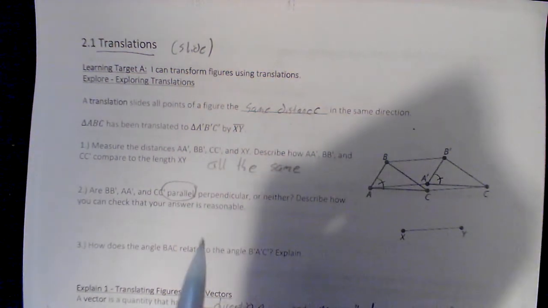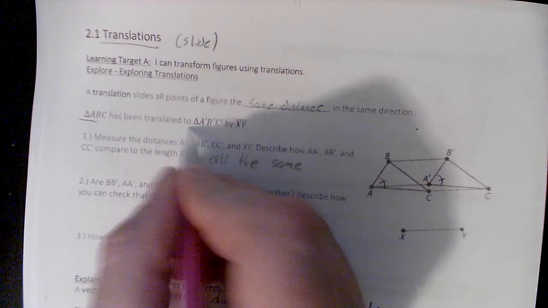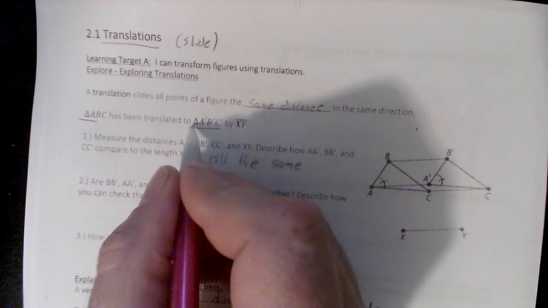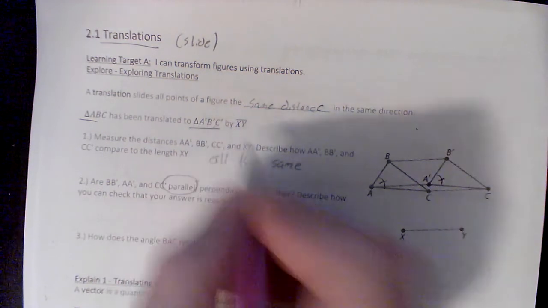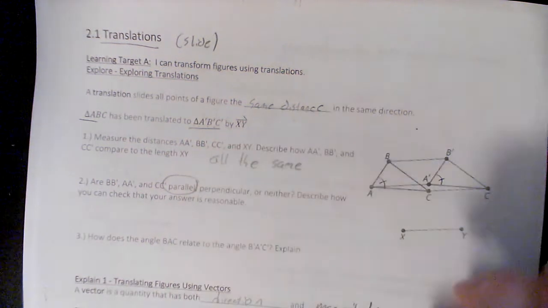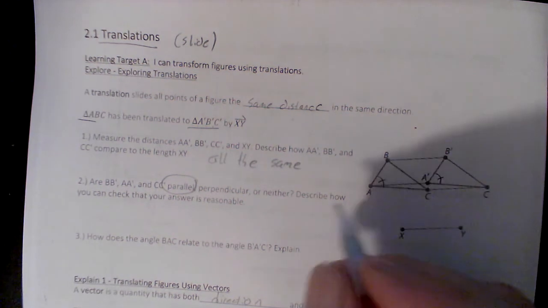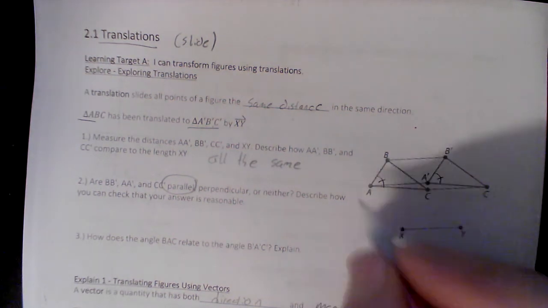All points. We have a figure over here in which triangle ABC has been changed to triangle A prime, B prime, C prime by something called a vector, right? Vector XY. We can see the vector down here. I have measured this for you. So it says measure these distances.